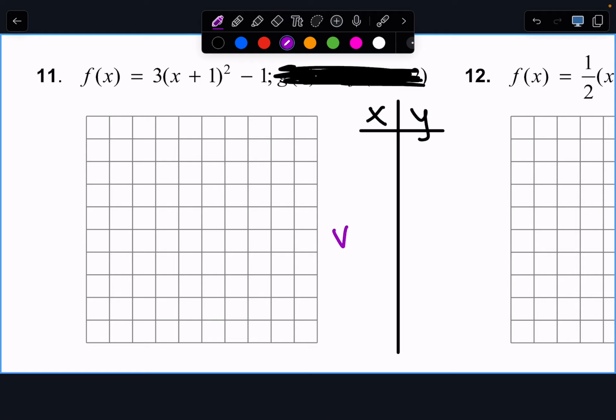All right, where's the vertex? Do you agree with -1, -1? Are we moving left 1, down 1?